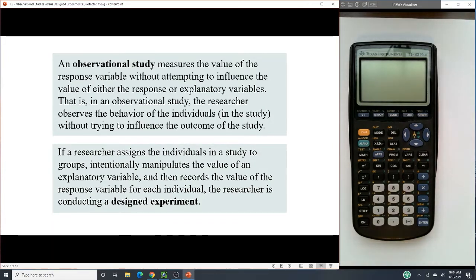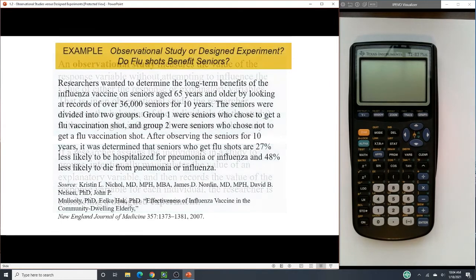We have a group that stays the same, where we don't make any changes, and then another group where we make some changes, and we look at that data and see how it affects things. Those are the big differences. An observation means that we're just watching, not making any changes. In an experiment, we are manipulating values and changing things to see what happens when we make those changes.